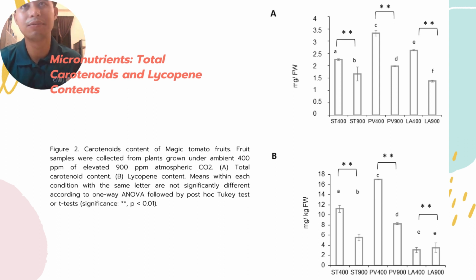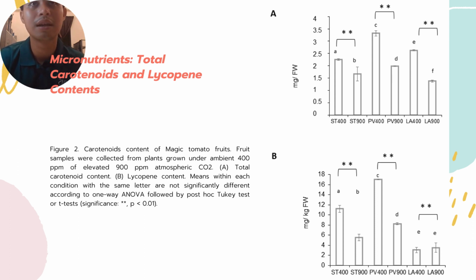Next graph is for micronutrients. Carotenoids content of tomato fruits were collected from plants grown under ambient 400 ppm or elevated 900 ppm atmospheric carbon dioxide. A is for total carotenoid content and B is for lycopene content.